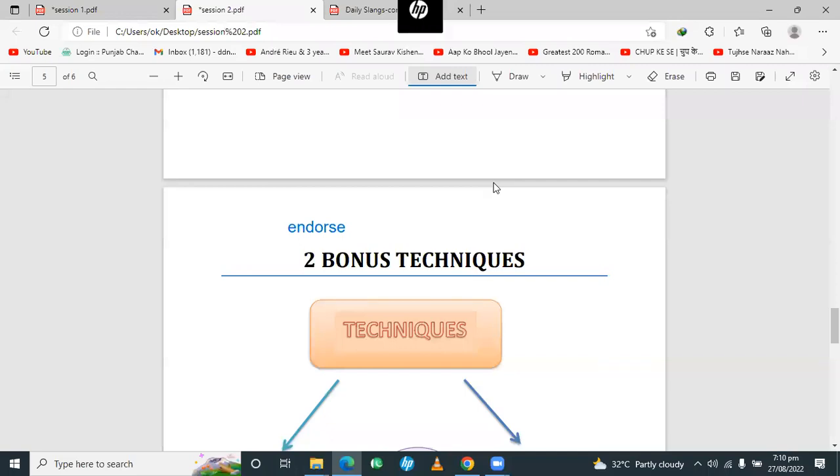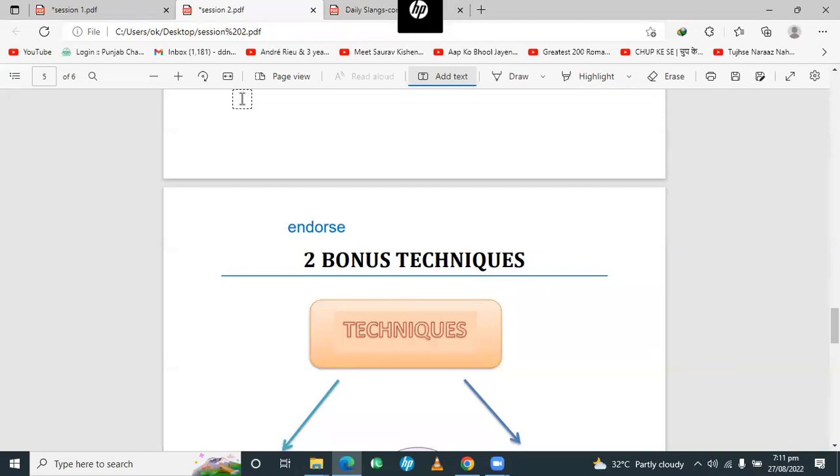Don't overload yourself. The biggest mistake vocabulary learners make is they learn 3 words or 4 words or 5 words in just one day, and without exploring or understanding what that word actually means, they plunge into the next word and the next word and the next word. And whenever it comes to speaking, not even a single word is coming out of your mouth or your brain. Isn't it? It happens.